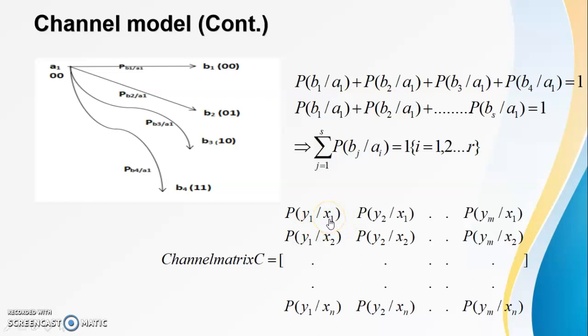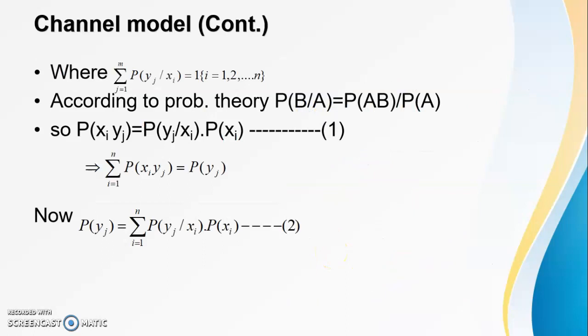So the channel matrix is a matrix that contains input as rows and output as columns with n into m number of conditional probabilities, where the summation of j equals 1 to m of P(yj/xi) equals 1, where i equals 1, 2, 3 up to n.